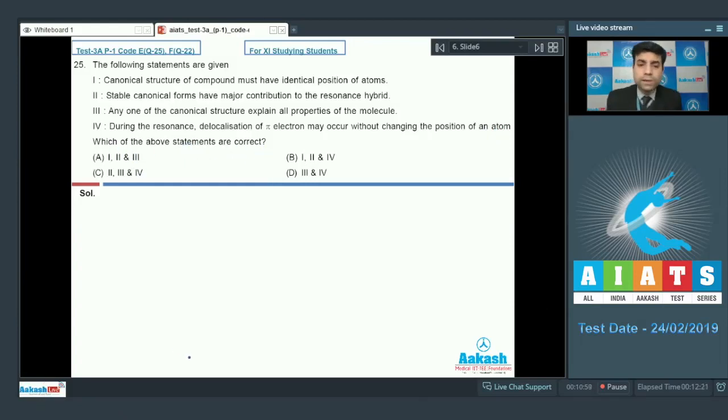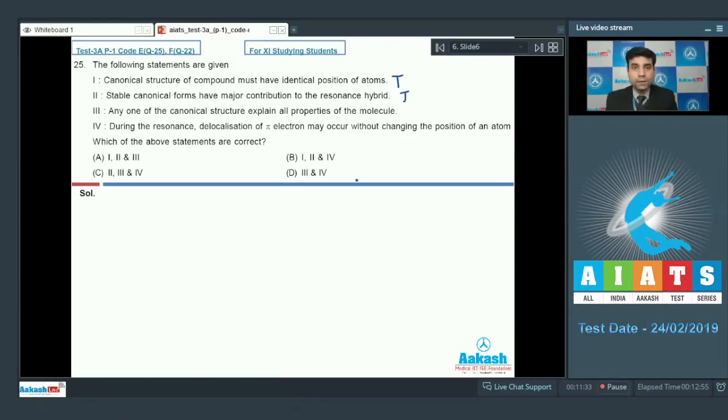So if I talk about the first statement, it says canonical structure of compound must have identical position of atoms. If I talk about canonical structure or resonating structure, the position of nuclei, or I should say atoms, and sigma electrons remain fixed or same in all the resonance structures. Only the position of pi electrons changes. So this is a true statement.